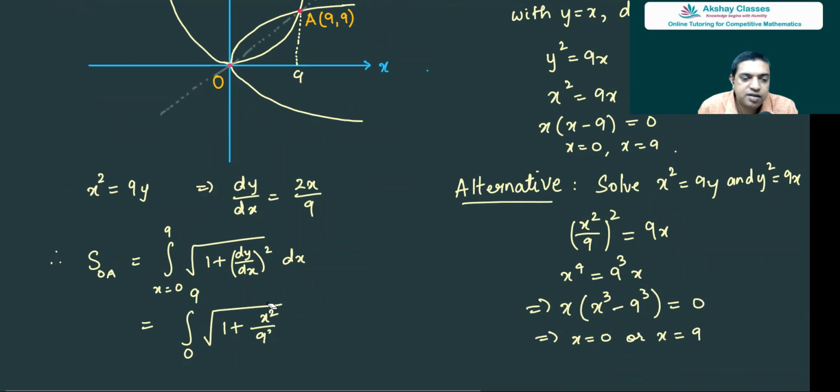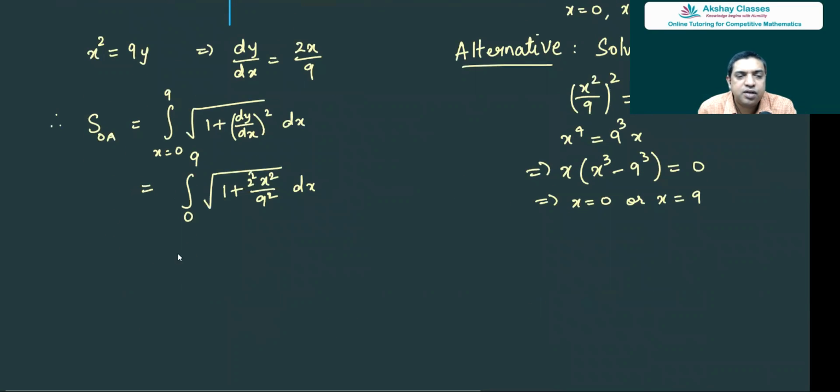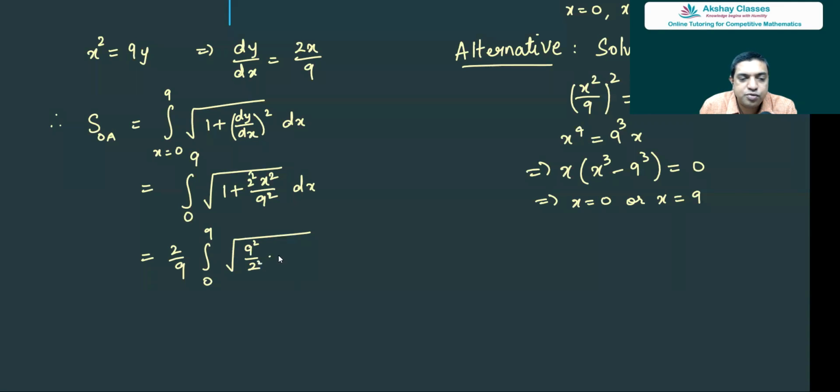Or I'll maintain 2 square x square by 9 square dx. Pull out 9 upon 2 outside the bracket, outside the under root. So we get 9 upon 2 times the integral of the root of 9 square upon 2 square plus x square dx.